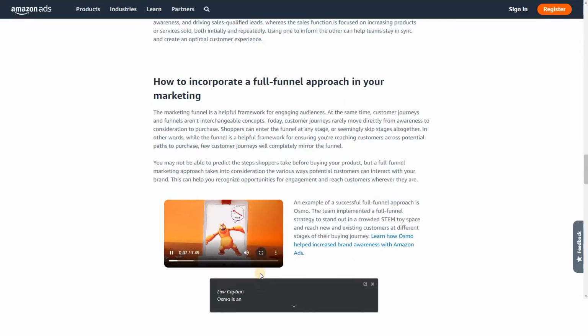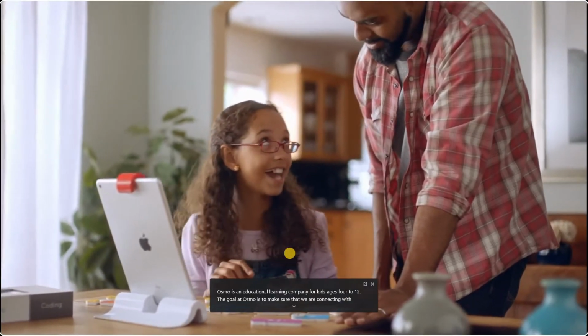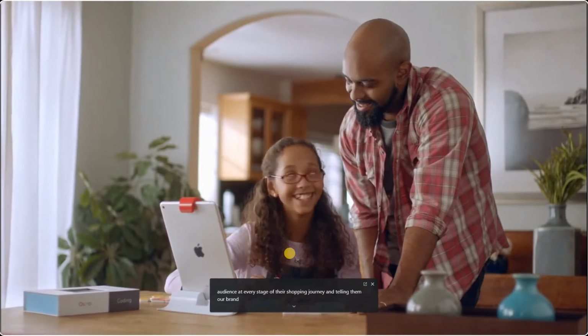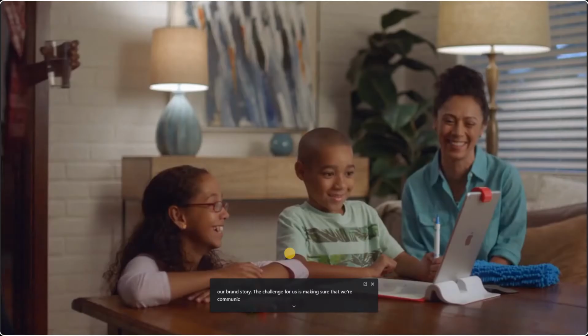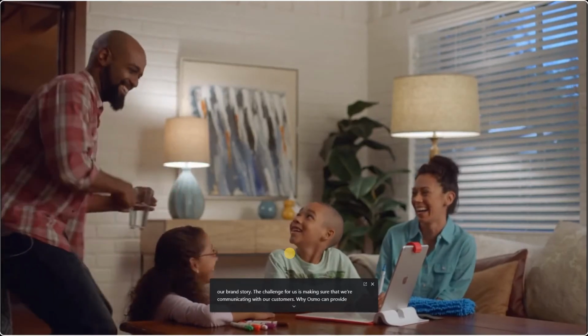Osmo is an educational learning company for kids ages 4 to 12. The goal at Osmo is to make sure that we are connecting with our audience at every stage of their shopping journey and telling them our brand story. The challenge for us is making sure that we're communicating with our customers why Osmo can provide a great learning experience for their kids.